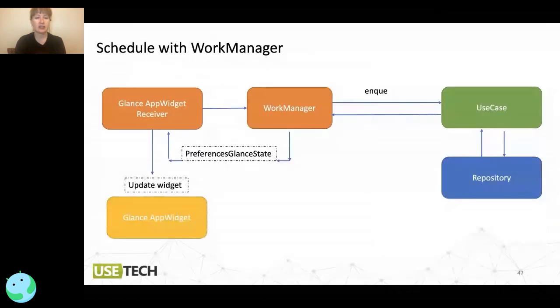In this case, we could remember our old friend work manager. And this work manager will be put between our receiver and our use case, and all the use cases will be triggered in the worker.